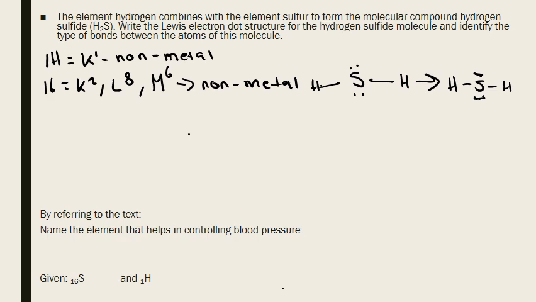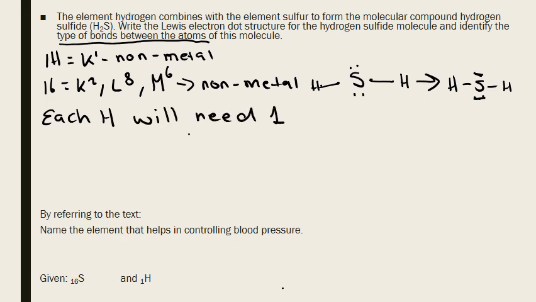Now it says identify the types of bonds between the atoms. Identify with justification. So each H will need 1 electron to satisfy the duet rule.